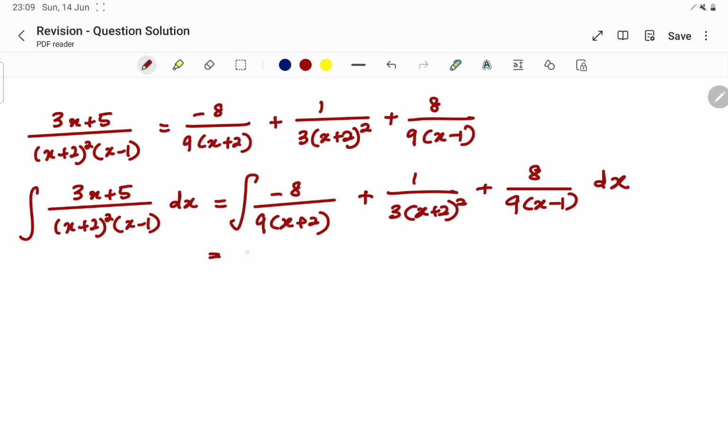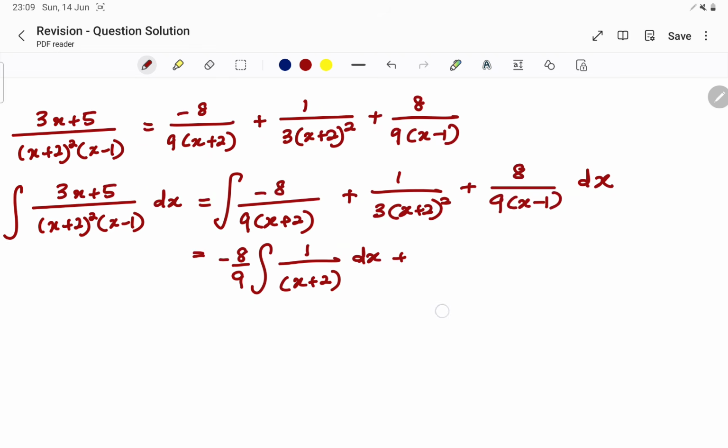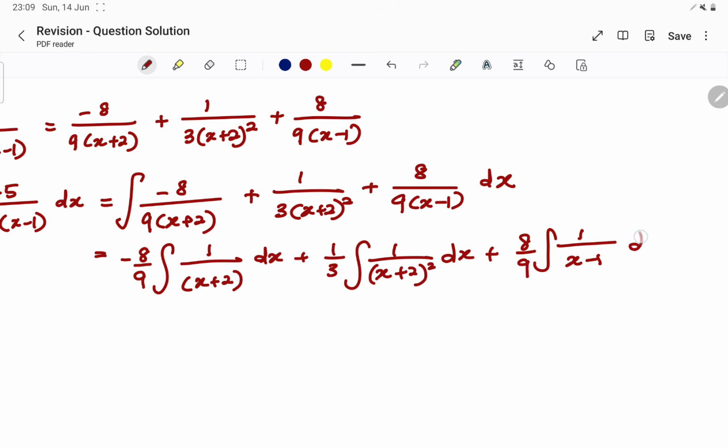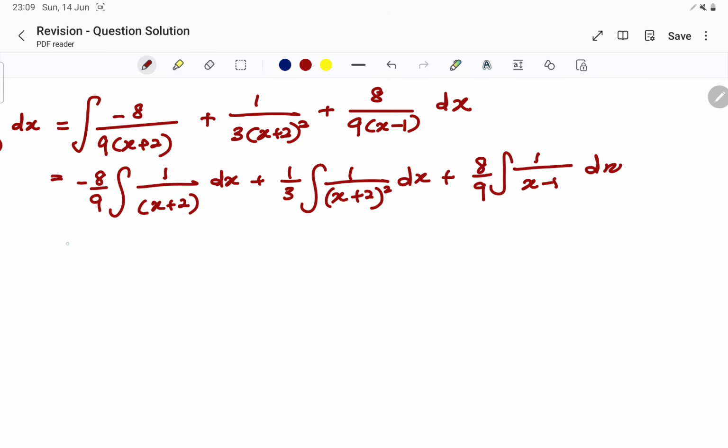Okay, then you can bring all the constant outside, easier for you to solve lah. Okay, x plus 2, this one plus, you can separate like this one by one. Okay, 1 over 3, 1 over x plus 2 square dx plus with 8 over 9, 1 over x minus 1 dx.